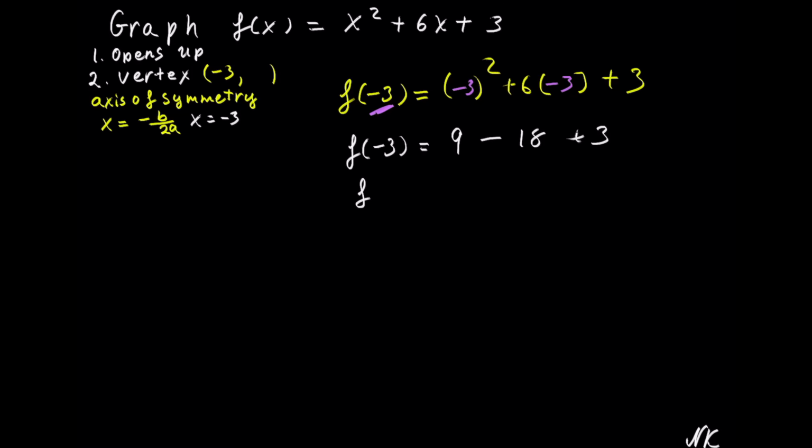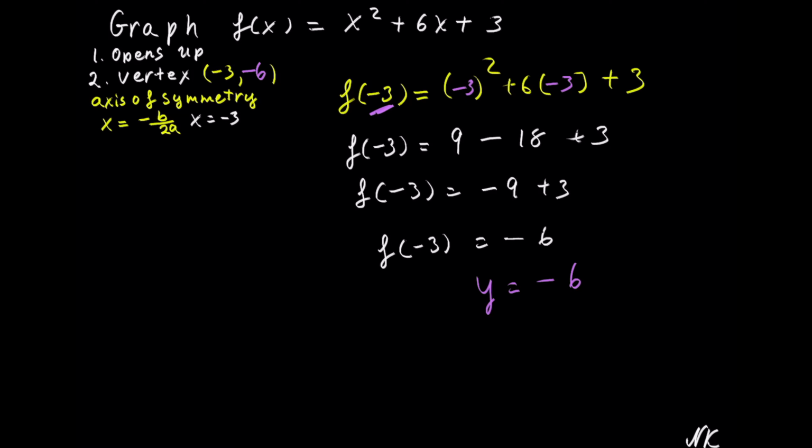This gives us f of negative 3 is equal to 9 minus 18, which gives us negative 9, plus 3. So f of negative 3 is equal to negative 9 plus 3, which is negative 6. So the y value of the vertex is negative 6, and the point of the vertex is negative 3, negative 6.